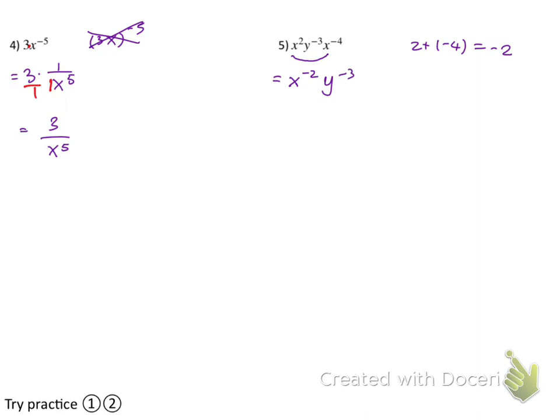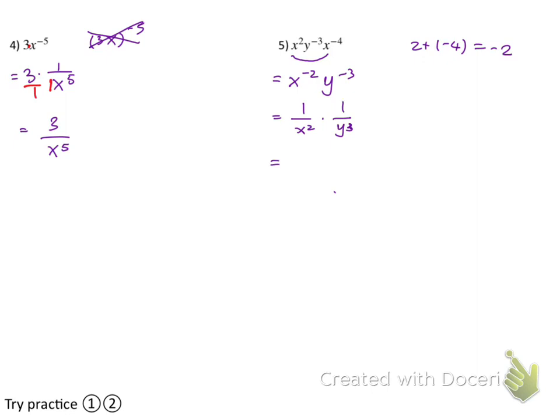Then we are going to write each of these two negative powers as positive. I drop this negative sign, x squared, and I put it on the denominator. Similarly, I drop the negative sign in my negative 3, it will be y to positive 3. Again, flip the whole thing.